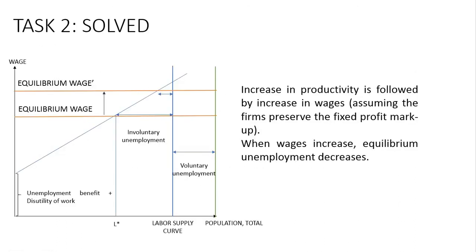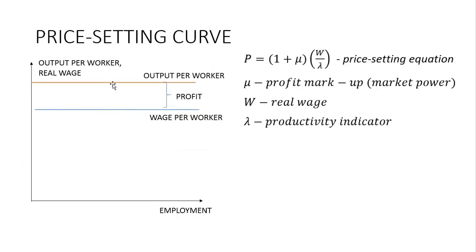Okay, so training is associated with an increase in labor productivity. I believe it's pretty straightforward. So now the skills of the labor force improve and output per worker increases. And as we discussed before, using the price setting equation, an increase in output, assuming that firms have a constant markup, is always associated with an increase in wage.